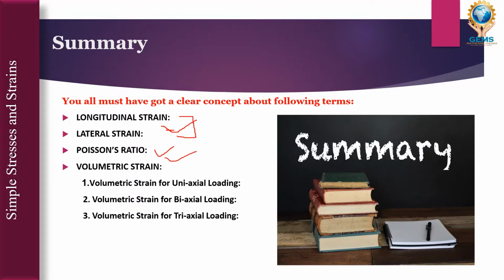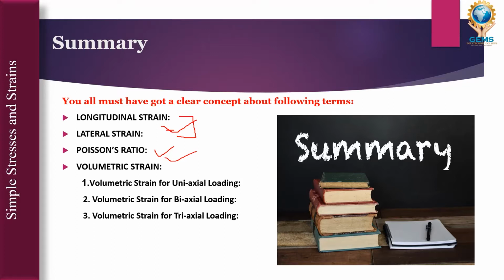Understand? Then there are three types of volumetric strain. First one is volumetric strain for uniaxial loading. That means the stress acts only in one plane, like the x-axis. Second, volumetric strain for biaxial loading. That means the strain acts in two axes or two planes, such as the x plane and y plane.